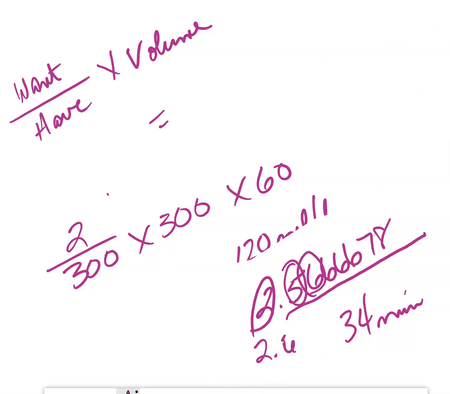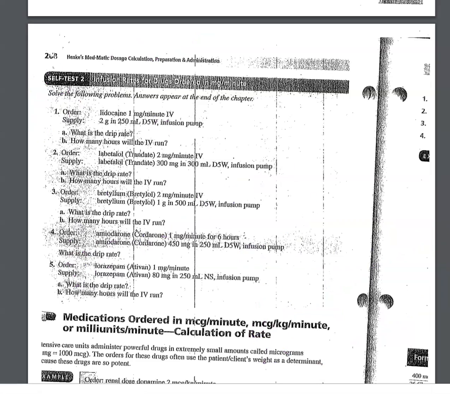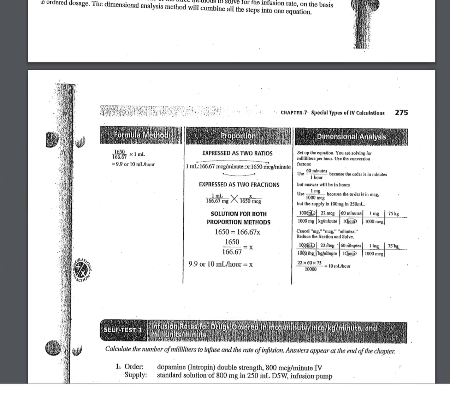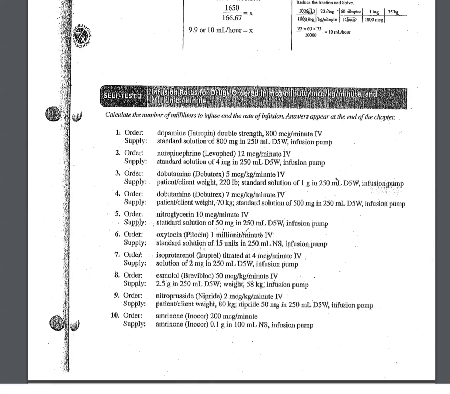All right, so moving on to the third page. What we have here is dopamine double strength, 100 mics per minute IV, and what they sent you was 800 milligrams and 250 mLs of D5W.